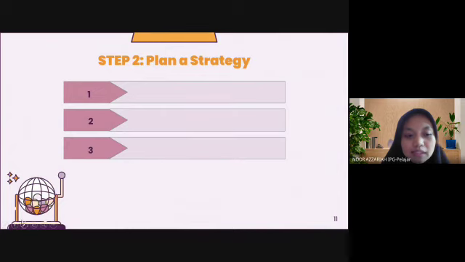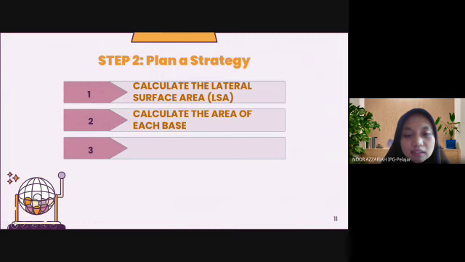Then, plan a strategy. First, we must calculate the lateral surface area, LSA, and then calculate the area of each face, and lastly, find the total cost to construct the box.